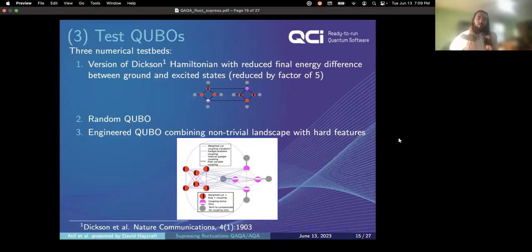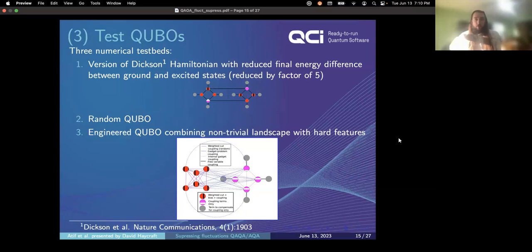For our test problems, we selected three different experimental sets. The first was a version of the Dixon Hamiltonian with a reduced final energy difference between the ground and excited states. It was reduced by a factor of 5 to make it more difficult to find the solution.